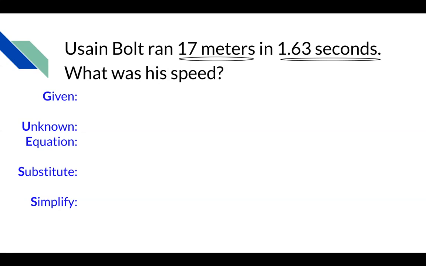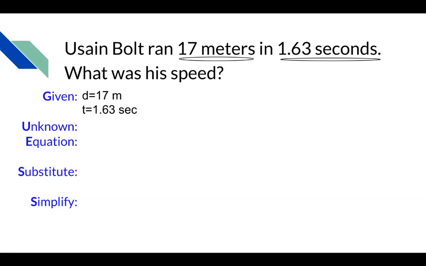I'm going to minimize my writing as much as possible, and I'm just going to put D, because this is distance, is 17 meters. Then I also see that they gave us the time, 1.63 seconds. So first step, I'm literally going to write this information down and make it very obvious what was given. Okay.